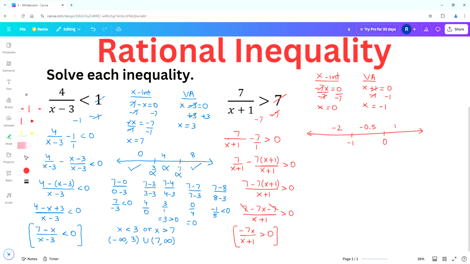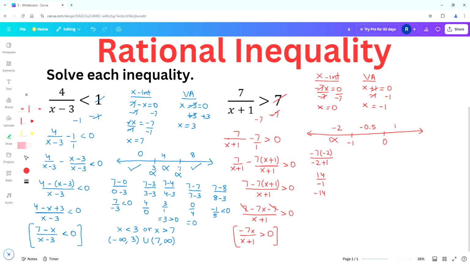Let's start with the test value -2. I get -14, which is less than 0, not greater than 0. So the interval on the left side of -1 does not work.